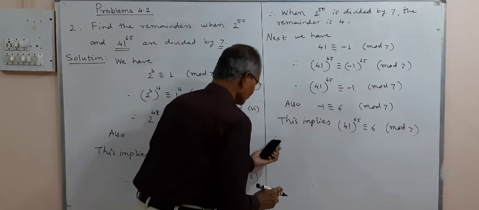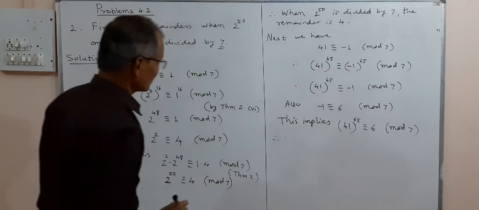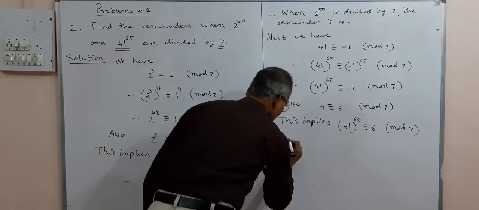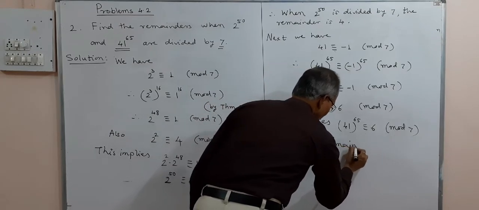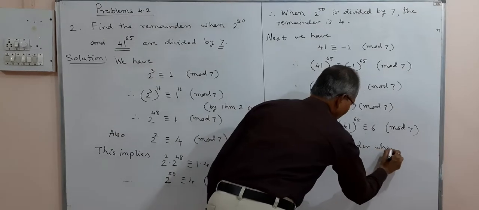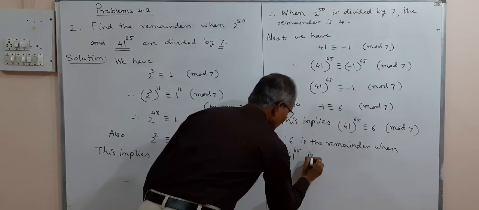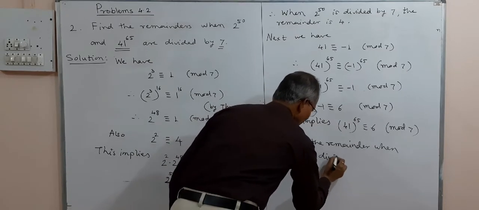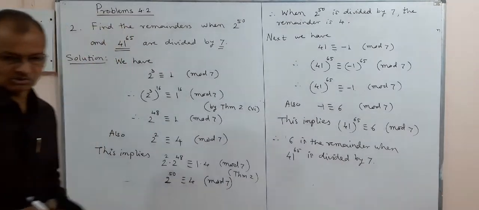So the remainder is 6 when this number is divided by 7. And this completes the solution.